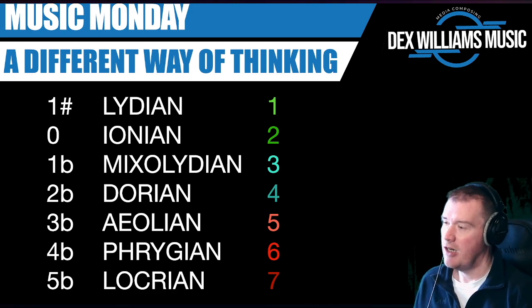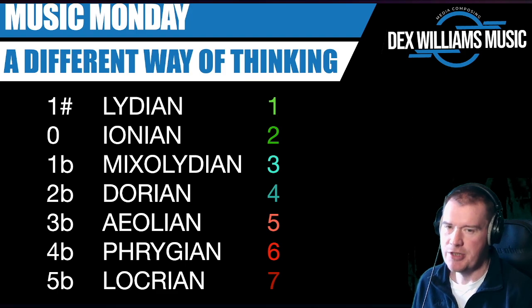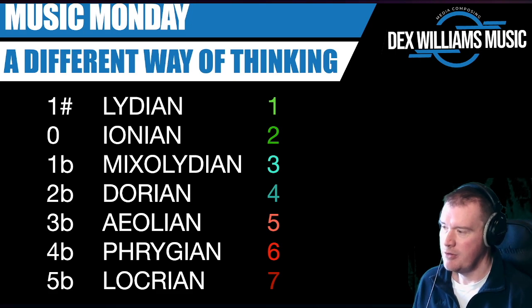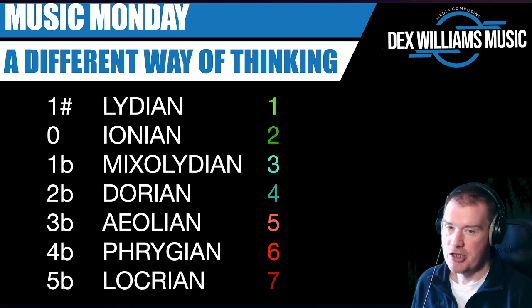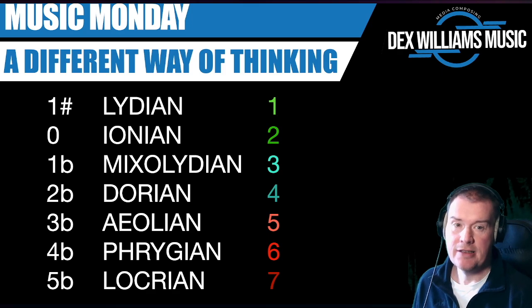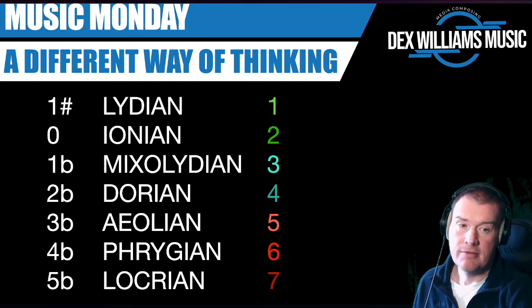So obviously Ionian has nothing changed because it would just be the major scale. To get Lydian, we add a sharp. For Mixolydian, we add 1 flat. For Phrygian, we add 4 flats, and all we need to know is which ones those are, really.